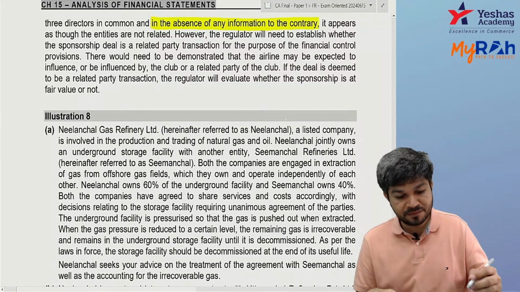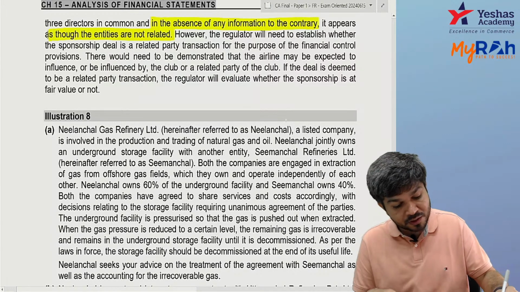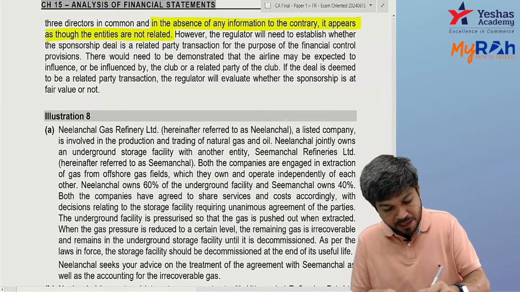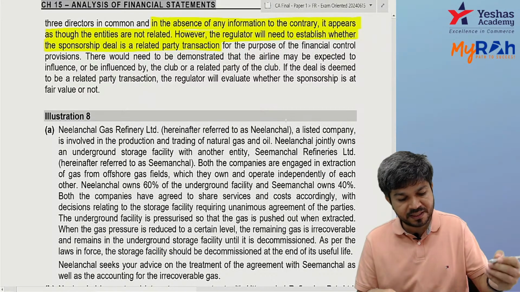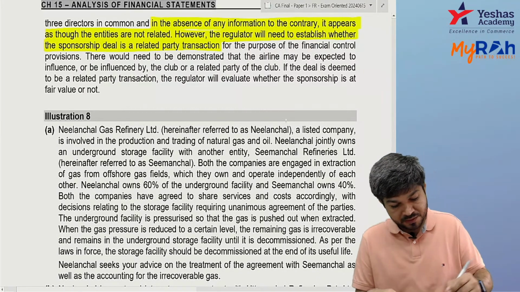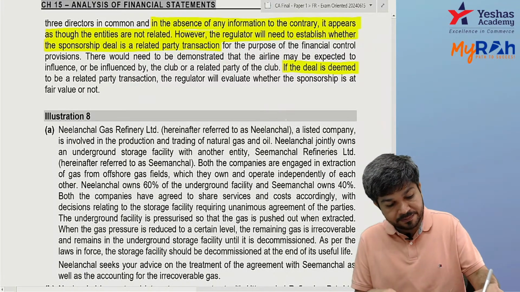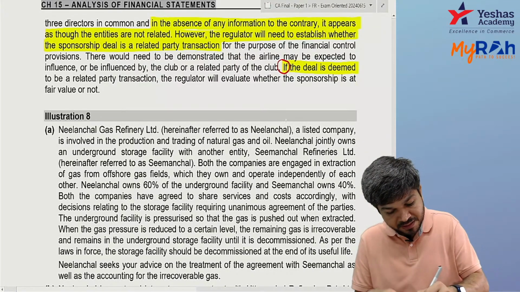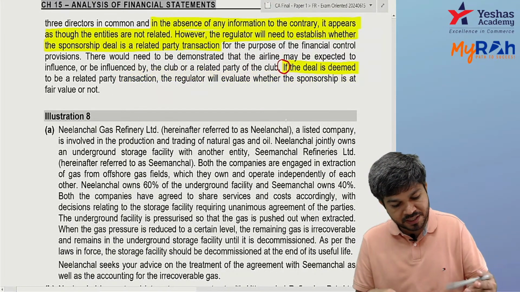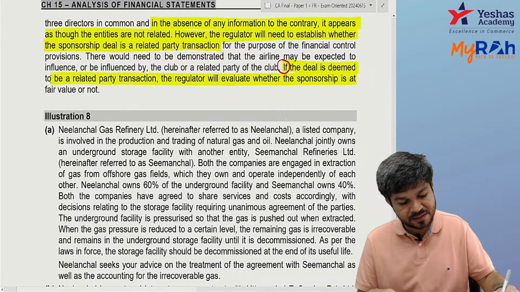In absence of any information to the contrary, it appears they are not related. However, the regulator will check. If the regulator says it's a related party thing, disclosure is required. So if the deal is deemed to be a related party, then you are required to check whether the fair value is there or not, disclosures, etc. will be coming up.